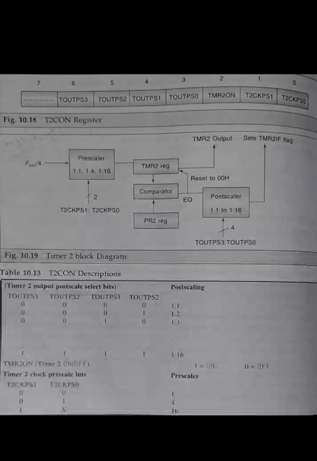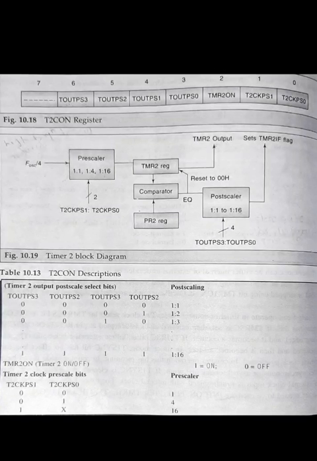Timer 2 is also useful in PWM generation as a time base. The SSP module may use the output of Timer 2 for the baud rate clock. SSP is the synchronous serial port used for communication with other devices.